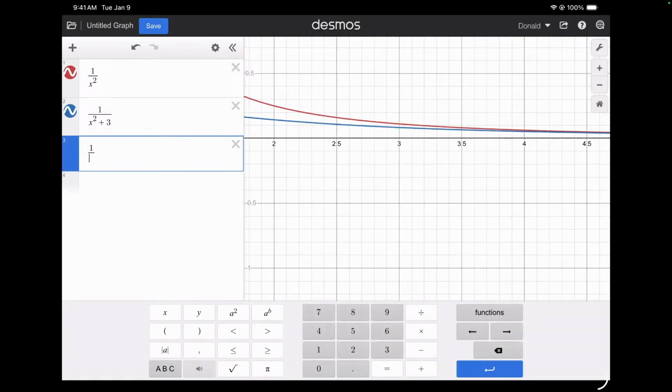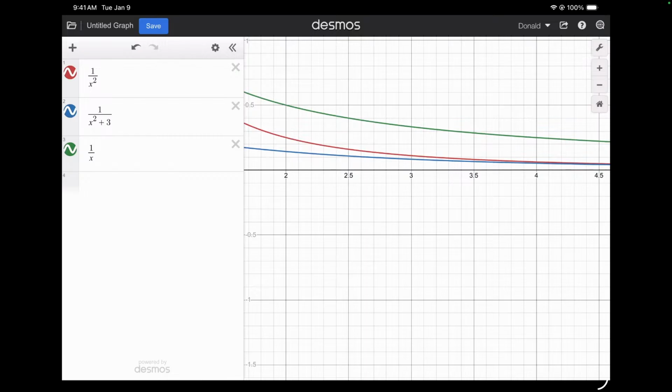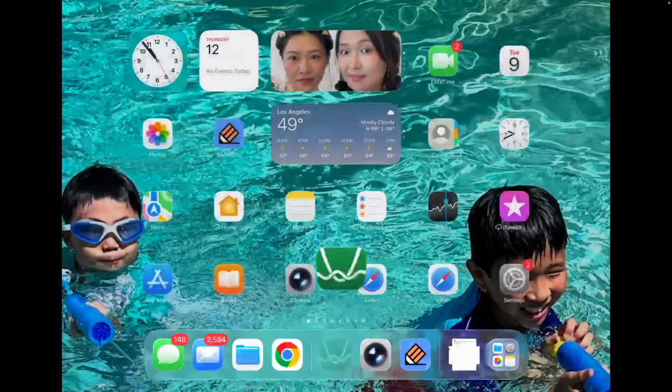The borderline that diverges is 1 over x, so the borderline is the green line. Anything above or on the green line always diverges. Now, if we find out the red line converges, then the blue line also has to converge because it's less. Is that okay?